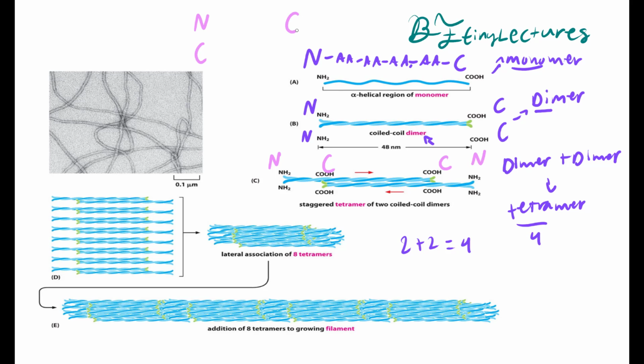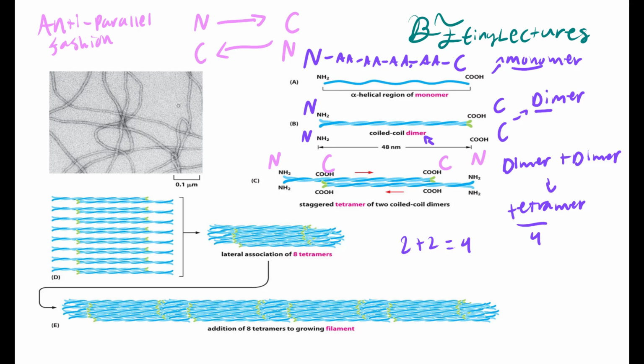Over here we have the C-terminus, and over here we have the N-terminus. So what does that tell you? That if we go from this way to that way, because we go from N-terminus to C-terminus when we're reading, we notice that this is an anti-parallel fashion.